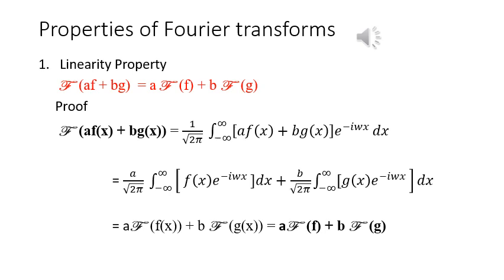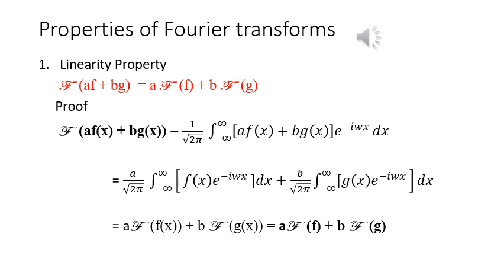That is, a by root 2 pi integral minus infinity to infinity f of x e raised to minus i omega x dx plus b by root 2 pi integral minus infinity to infinity g of x e raised to minus i omega x dx. a and b are constants. That is why we have taken them outside.